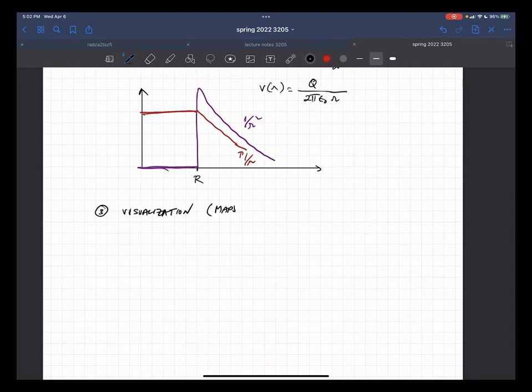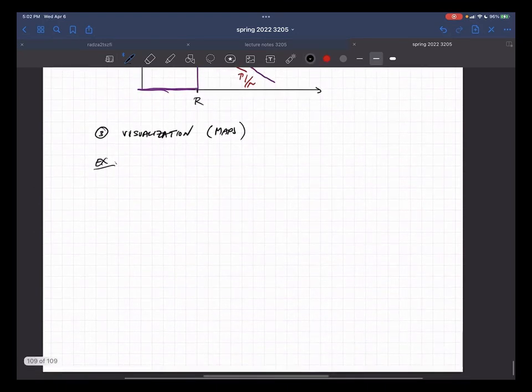So visualizing how potential looks in space. So let's use a quick, simplified example.